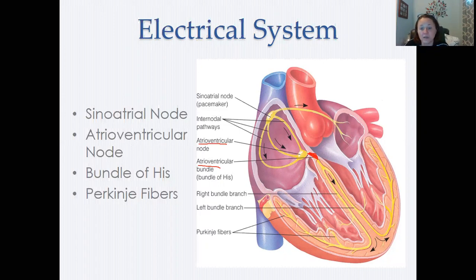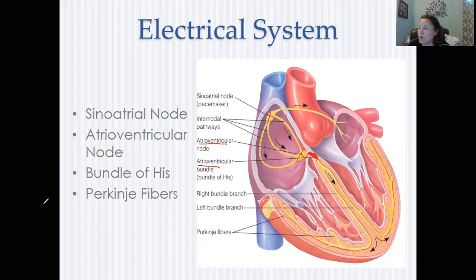That bundle of His also has automaticity, just like your AV node and your SA node, but they only follow their pathways and they won't go back upstream. So if your SA node failed and your AV node failed, your bundle does have some automaticity, but it's only going to go to these ventricles, but at least that's better than nothing, right? So you do have a little bit of a backup.